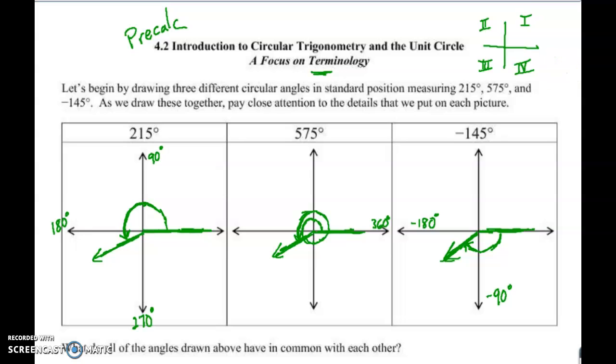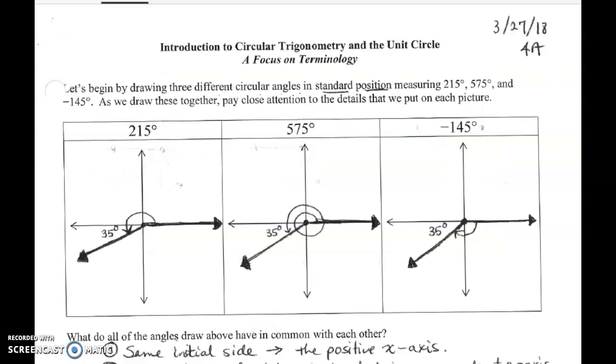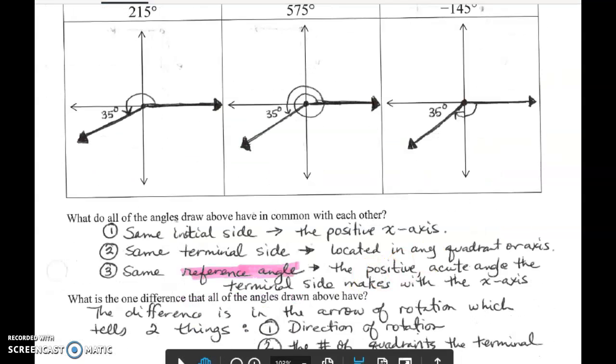But the whole premise of this is that the three angles that we drew above look like they end in the same spot. I'm actually going to go to the answer key because I just want to use his terminology here. The initial side is where we start, just like your initials of your name, that's the start of your name, is the positive x-axis.